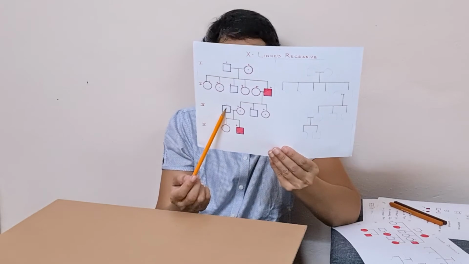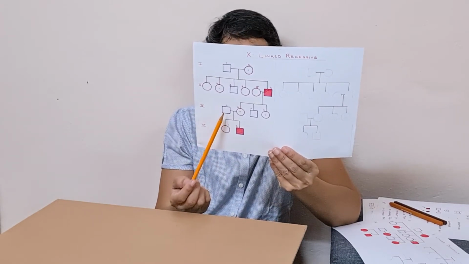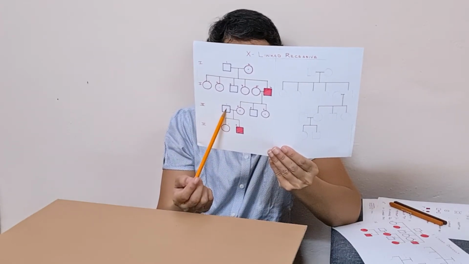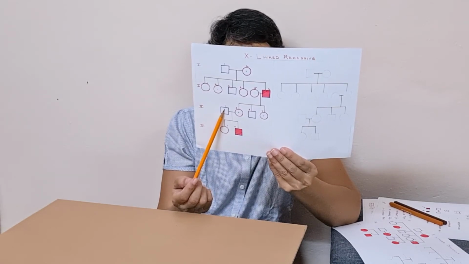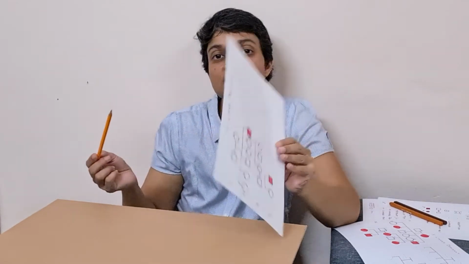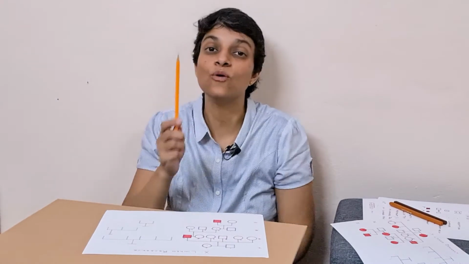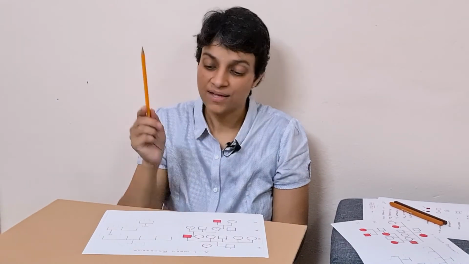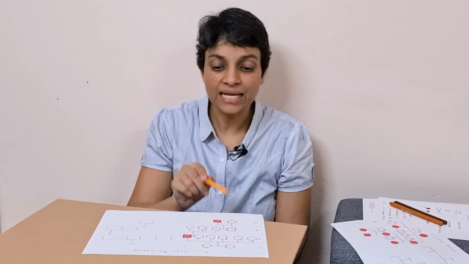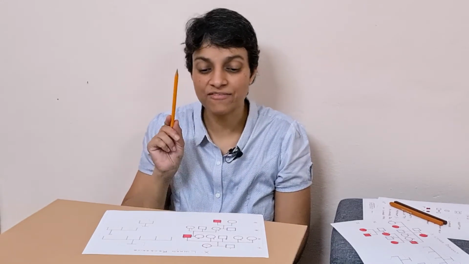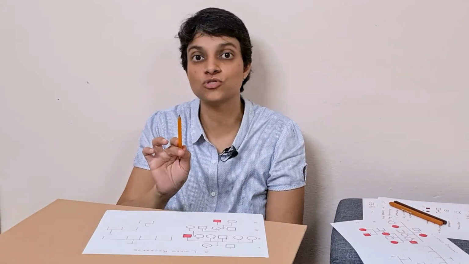If the father is carrying a recessive gene on the X chromosome, he will show the disease because father has only one X chromosome. That means all the men in an X-linked recessive pattern of inheritance, all the men who do not show the disease have the dominant gene on the X chromosome.